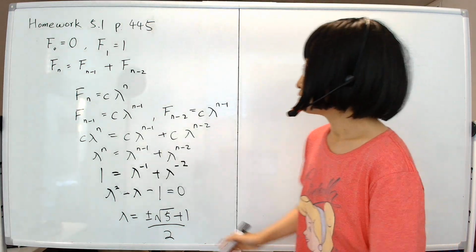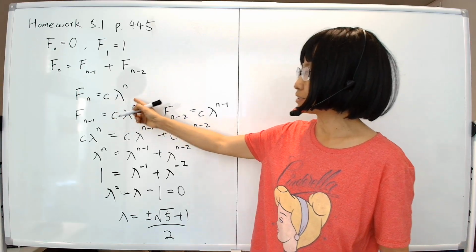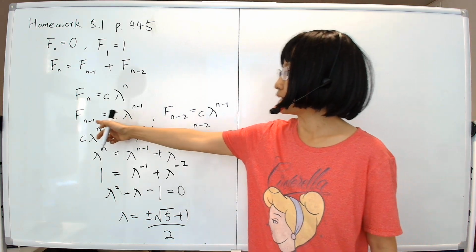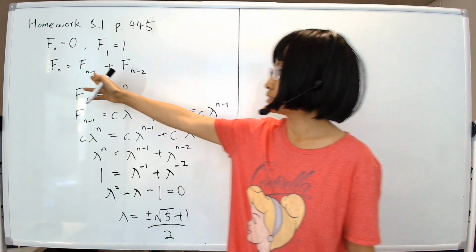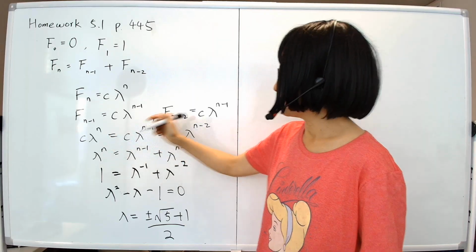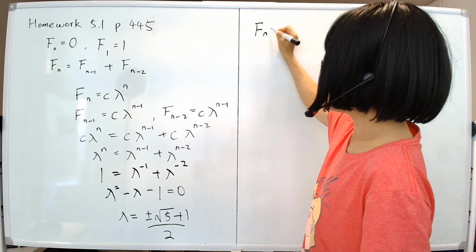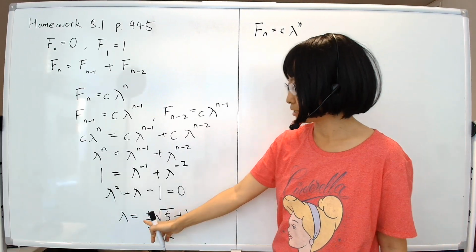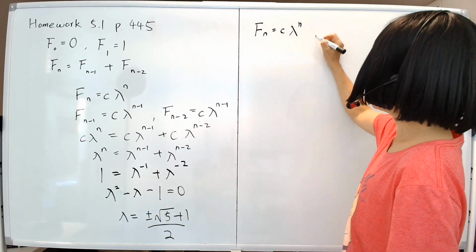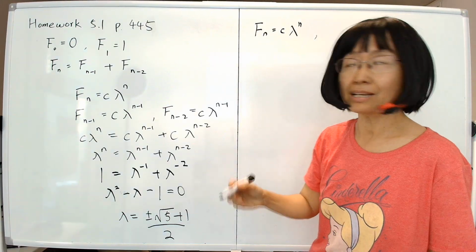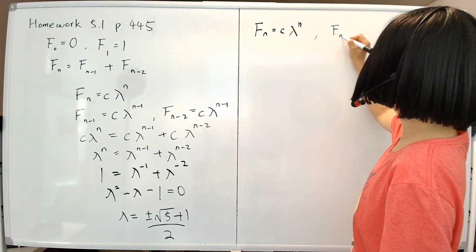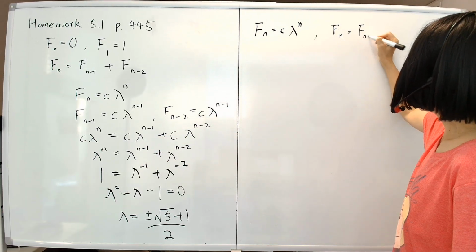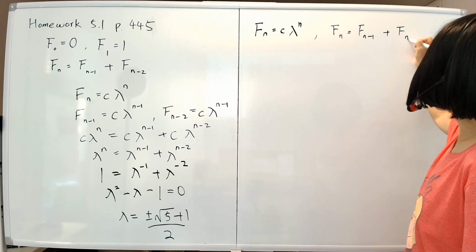Now at this point, we know F of n equals c lambda to the n, as long as lambda is this value, it will satisfy this condition of Fibonacci. If F of n equals c lambda to the power n, where lambda is either the plus or the minus value, then for any c, F of n equals the previous one, Fn minus 1, plus Fn minus 2.